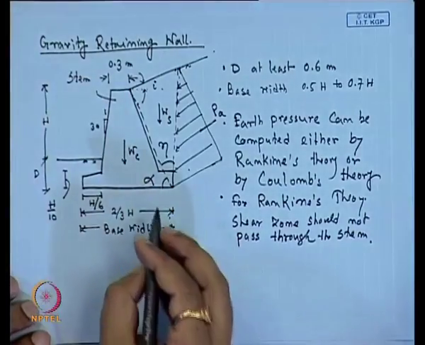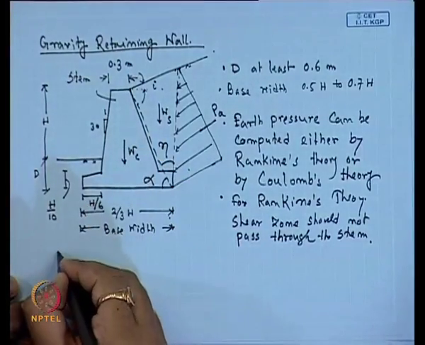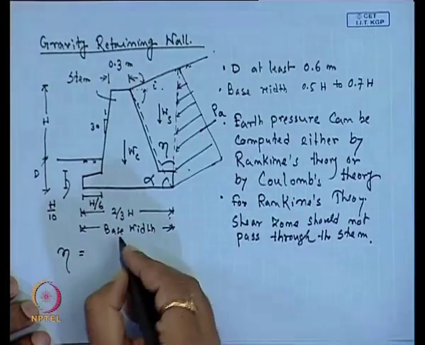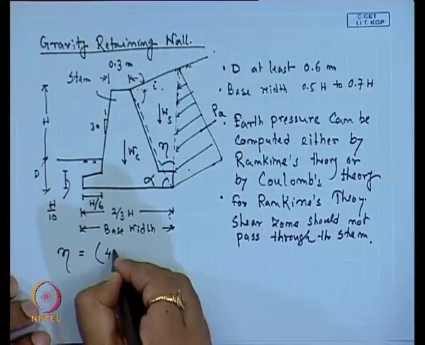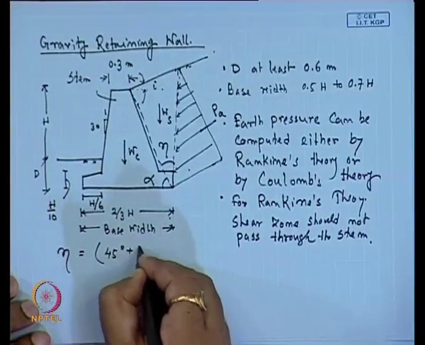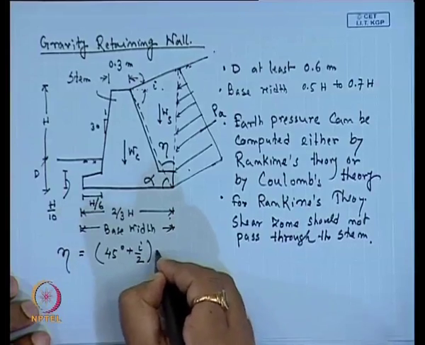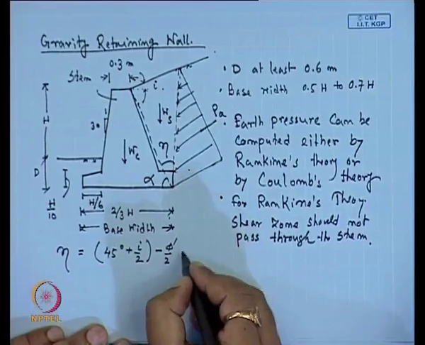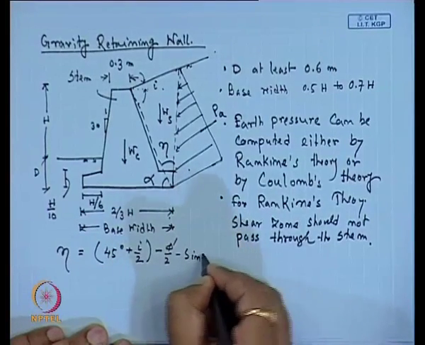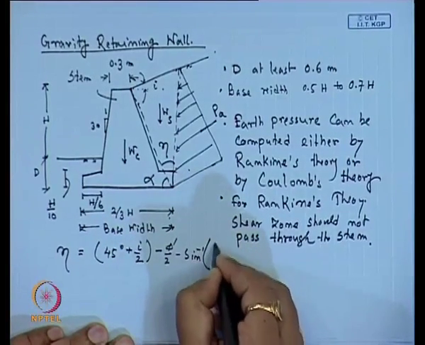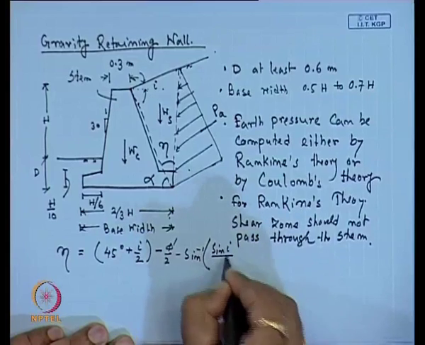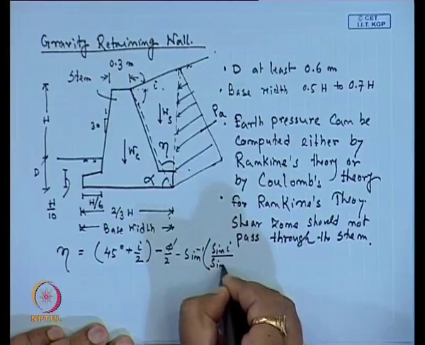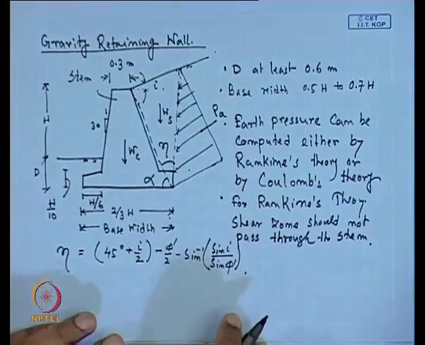So, to satisfy that condition, and this angle we can calculate, this is 45 degree plus I by 2 minus phi dash by 2, phi is the friction angle, minus sin inverse of sin I divided by sin phi dash.